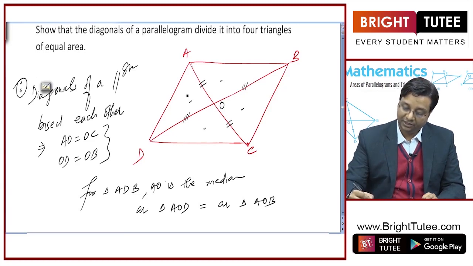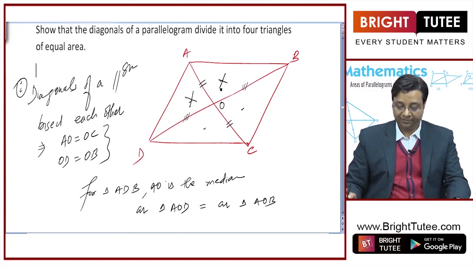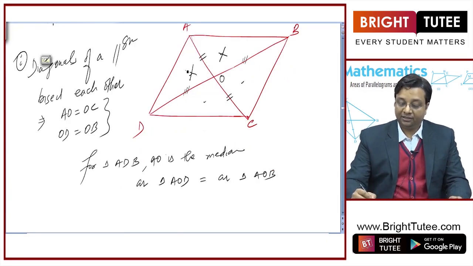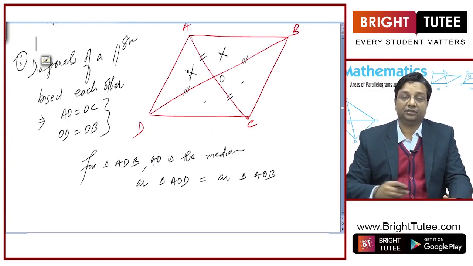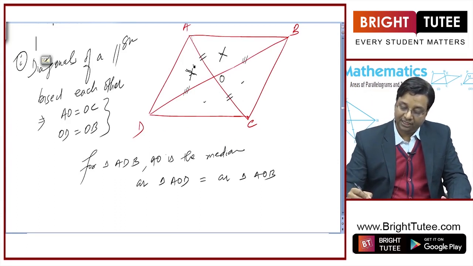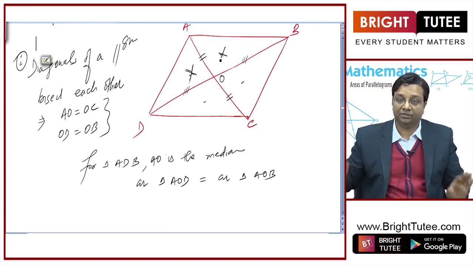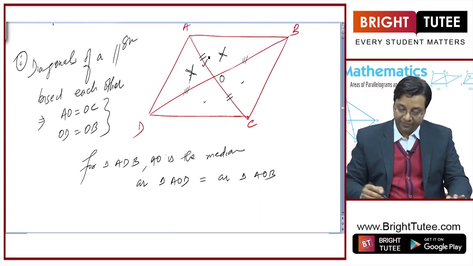So, if this area is, let us say, x, this will also be x. I am not saying that you take this x as this area. These terms I use just for you to visualize the problem clearly. So, if this area is x, this area is also x. Now, this we understand due to this median AO.